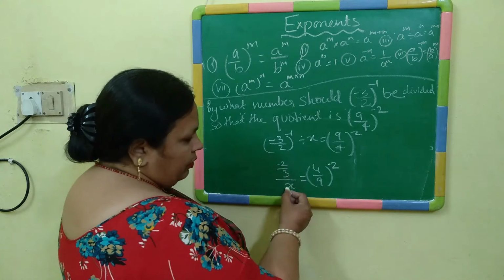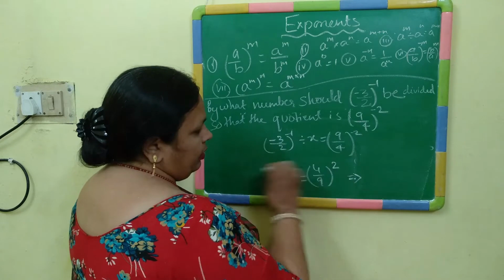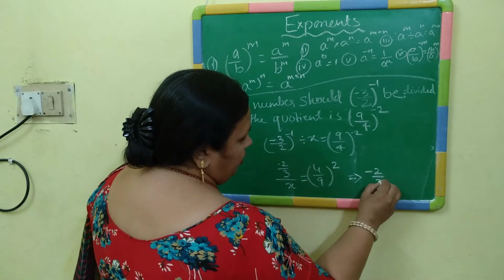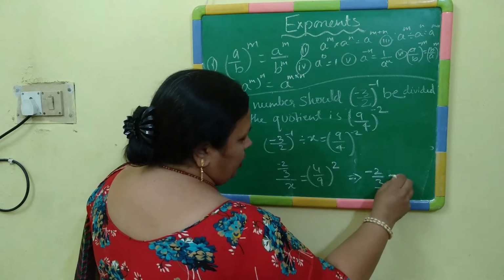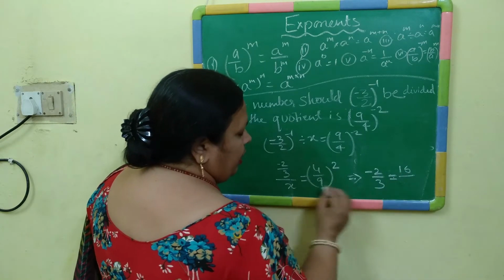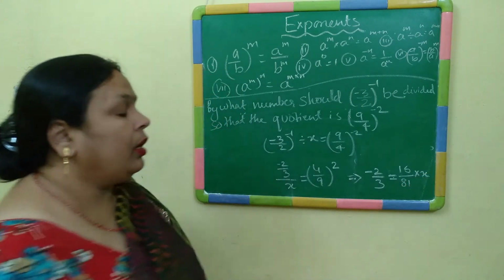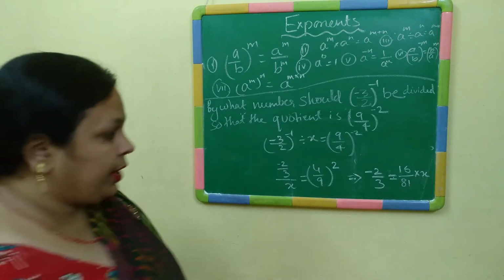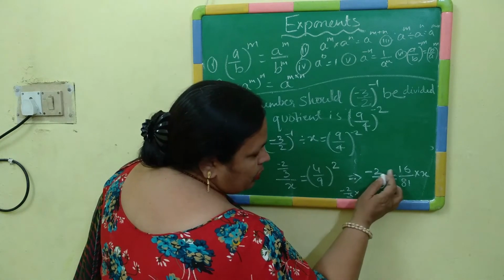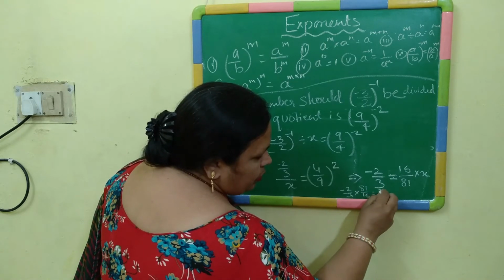Now, when we solve this, the x will go towards this side and this is going to be minus 2 by 3 is equal to 4 2s are 4, 4 4s are 16, by 9 9s are 81, into x. Clear? To get the value of x, minus 2 by 3 into cross multiplying 81 by 16 is equal to x.